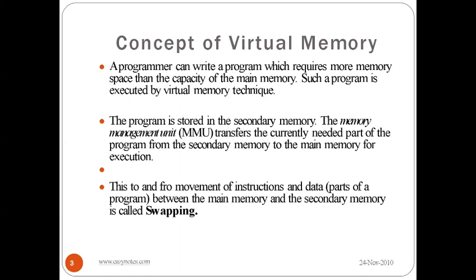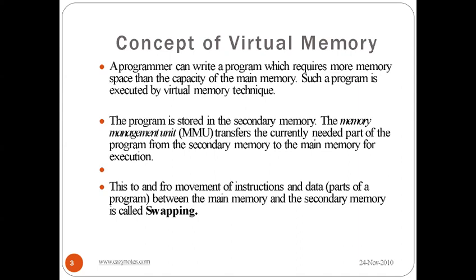The concept of virtual memory. A programmer can write a program which requires more memory space than the capacity of the main memory. Such a program is accommodated by the virtual memory technique. The program is stored in the secondary memory.